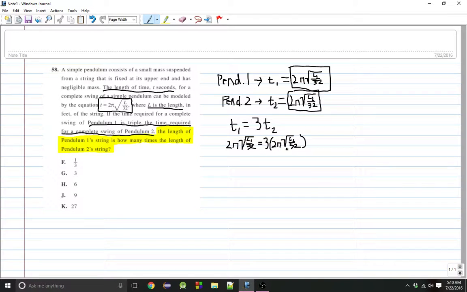Okay, so that's what we've got so far. If I could make this look a little nicer, that would be better, but yeah, you get the picture.